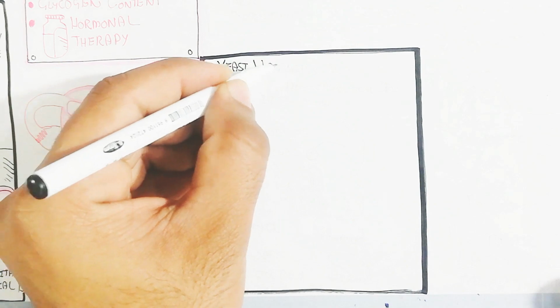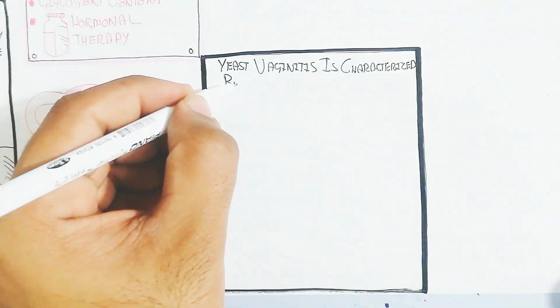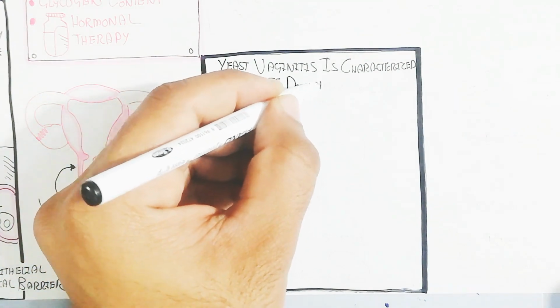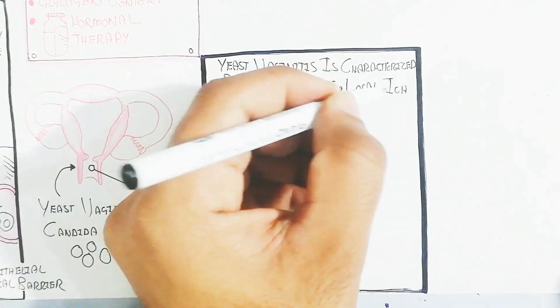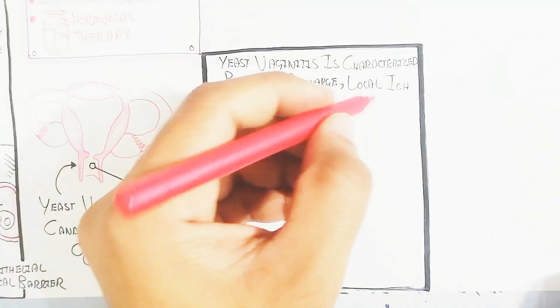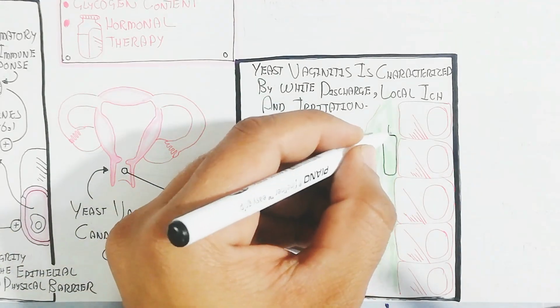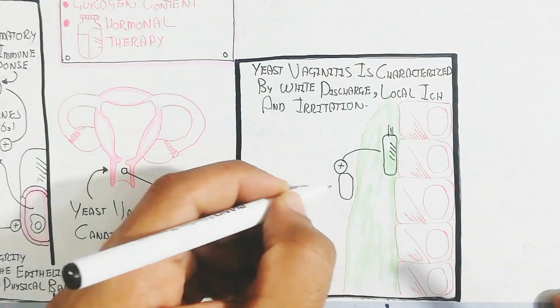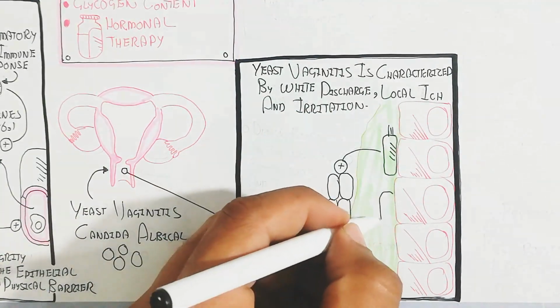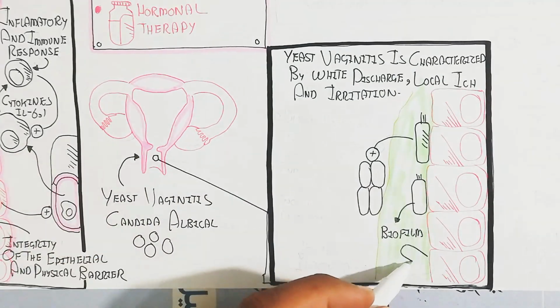In this way, yeast vaginitis is characterized by white discharge due to secretion from the yeast, and local itch and irritation can occur in the vaginal area, even the outer part of the vagina, and you can see the redness of the vagina due to the inflammation and the swelling.